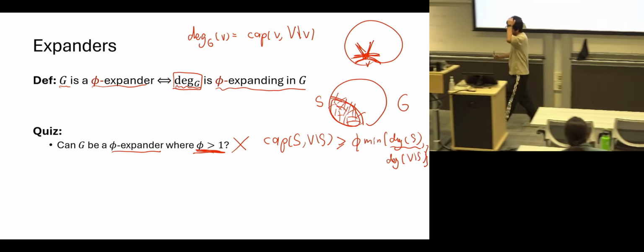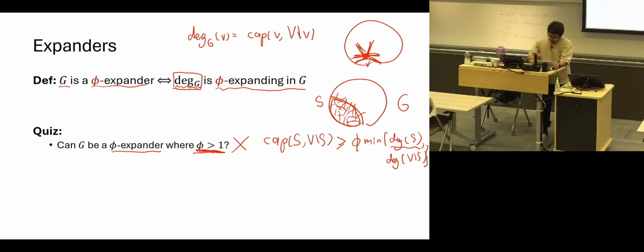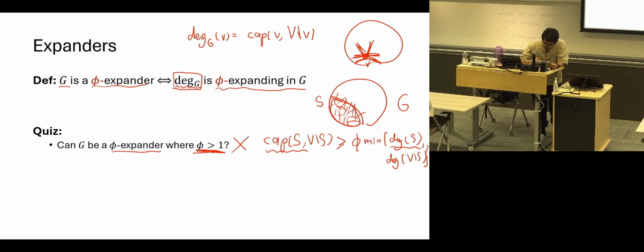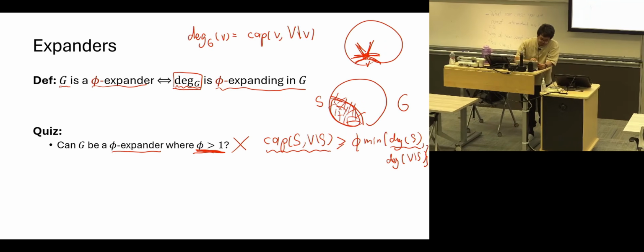But what is this? This just counts the capacity of the edges that cross this cut. But this is the capacity between S and V minus S, and it is already counted in both of these things.